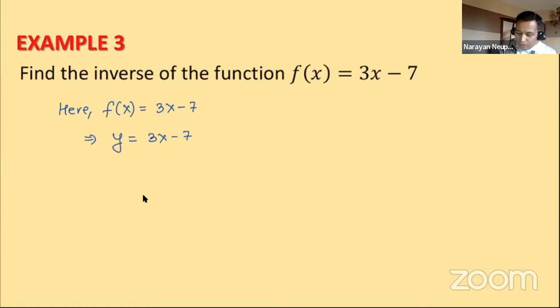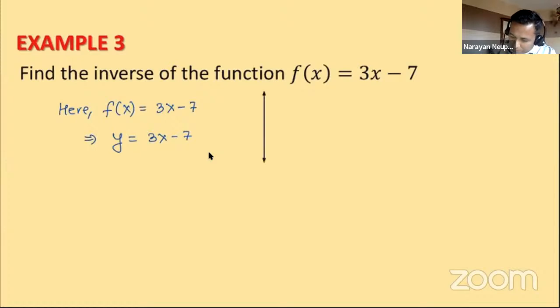Very true. So because y equal to 3x minus 7 is a one-to-one function, if you remember, this is a straight line. And if you draw the horizontal line for this one, let me quickly explain here. Let me draw a very small, quick graph to represent the function.